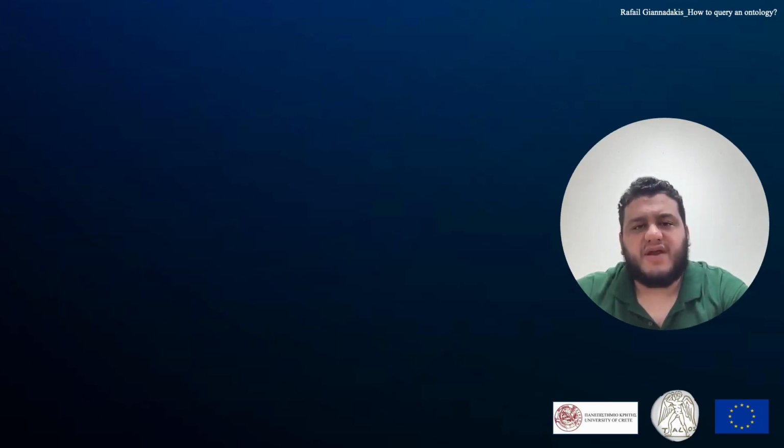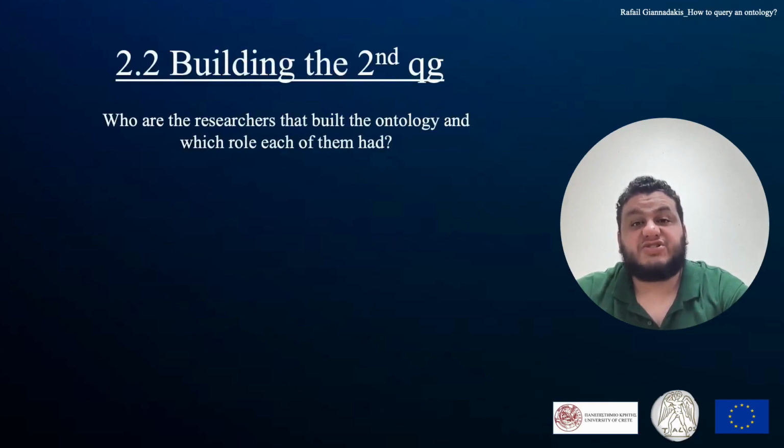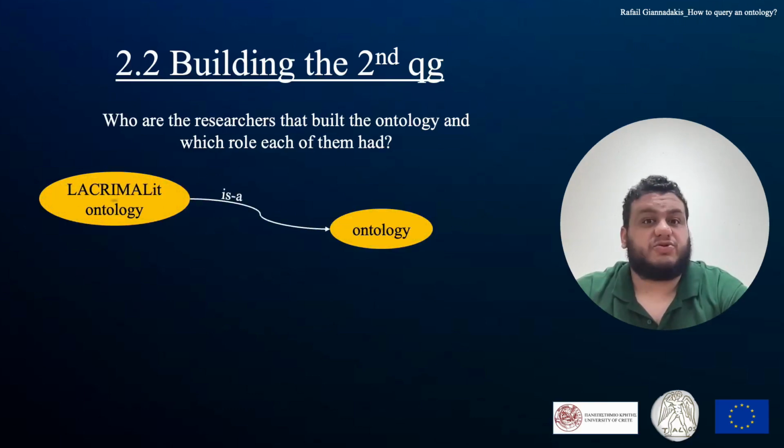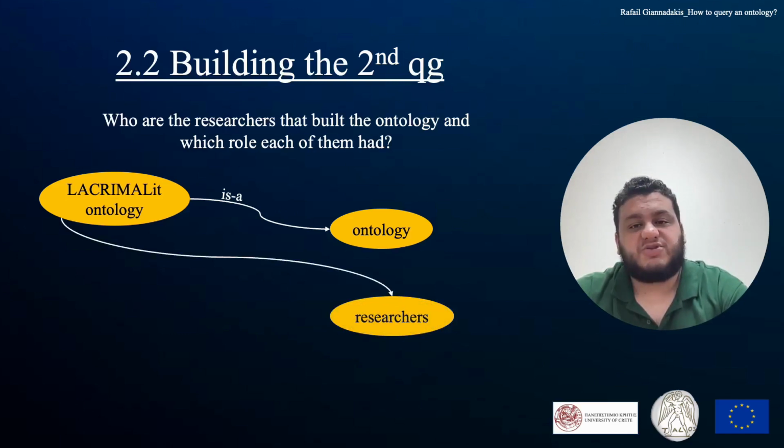The second query graph focuses on the researchers who worked on the creation of the ontology and the role each of them had. More specifically, we create a triple for the ontology itself, then we link the subject of this triple to another node concerning the researchers with the relation has creator for the creators and has contributor for the contributors.